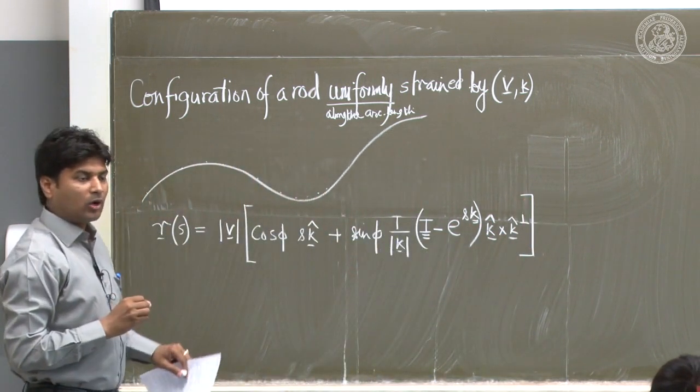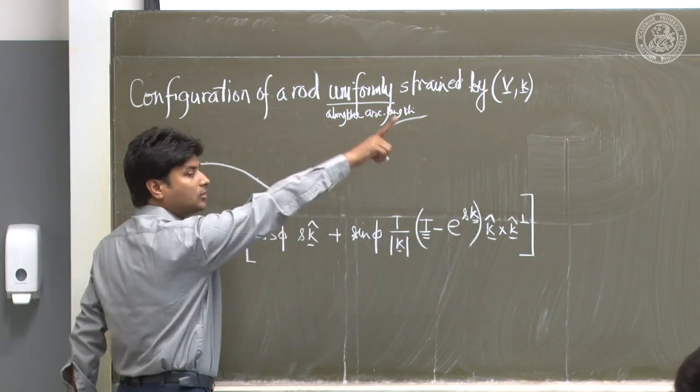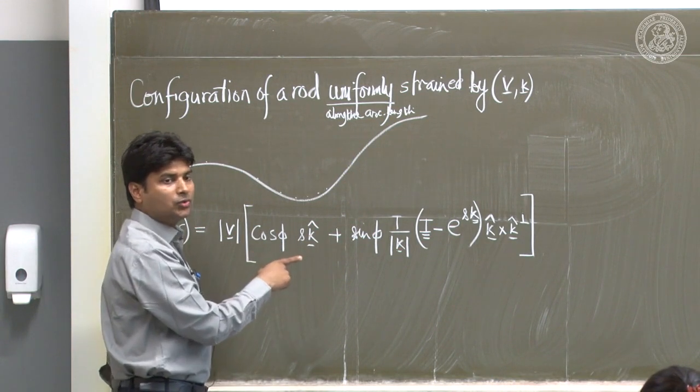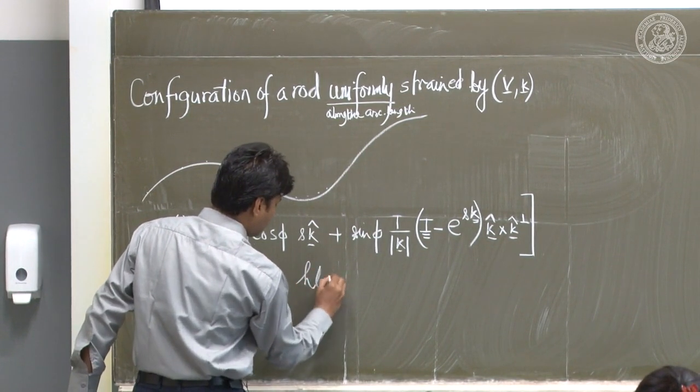And what we saw was that this term generates a straight line, whereas this term generates a circle, and the combination of these two leads to a helix, right? So this generates a helix.